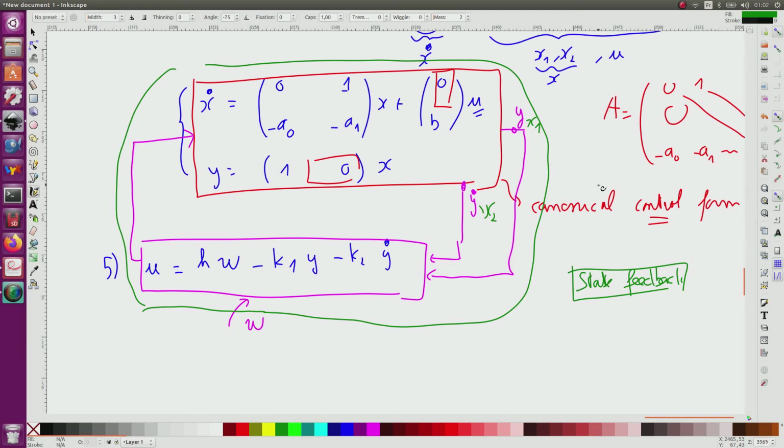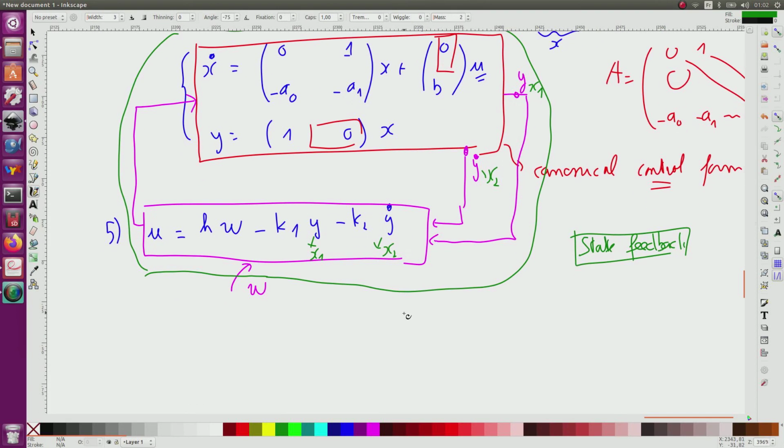Recall that this one corresponds to x1, this one corresponds to x2, and we can rewrite u like this: u is equal to minus k1 k2 times x1 x2 plus hw.